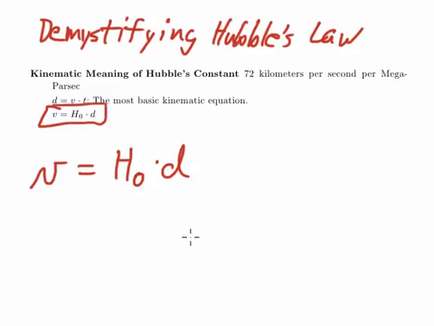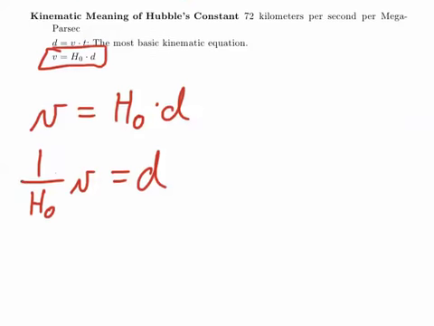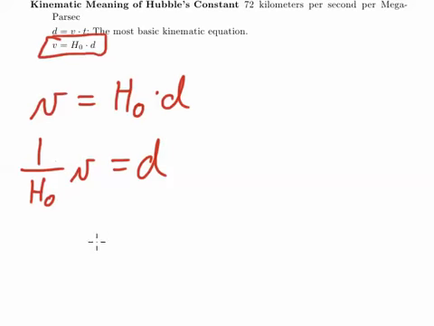And most people think that that represents some kind of new idea, but basically if I just divide both sides by Hubble's constant, we'll get distance equals 1 divided by Hubble's constant times velocity, and in fact 1 over the Hubble's constant is just the age of the universe. So this is actually the equation distance equals velocity times time.